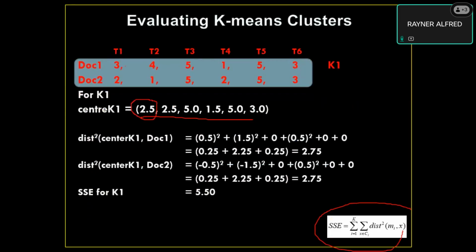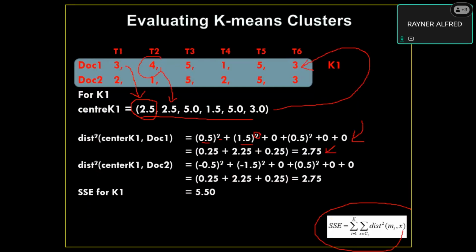So you need to find the differences here, which is 0.5. Take the square. And 4 minus this, you get 1.5. Take the square. And you repeat until finished, then you get 2.75. So this is only the distance between the center to the first element in your cluster.